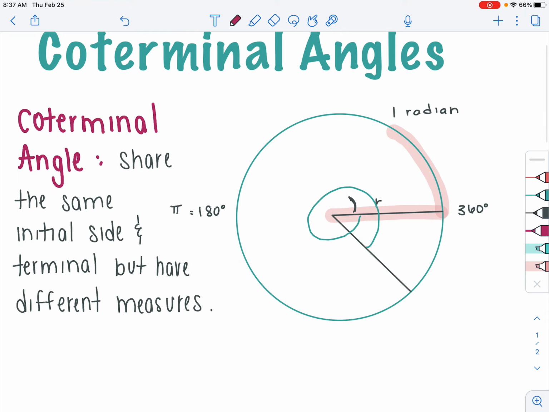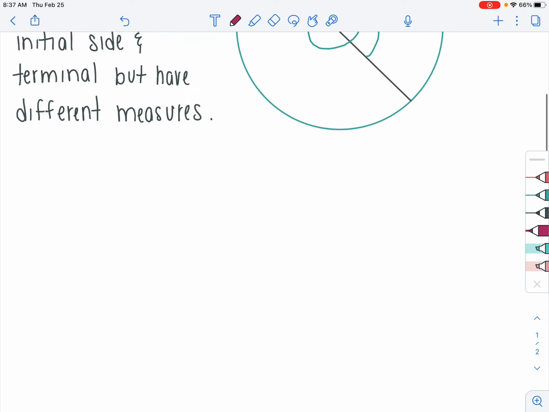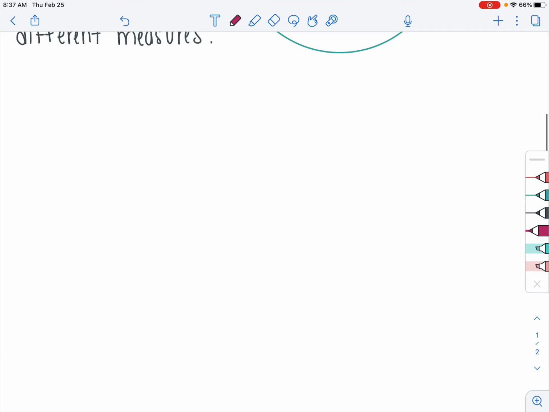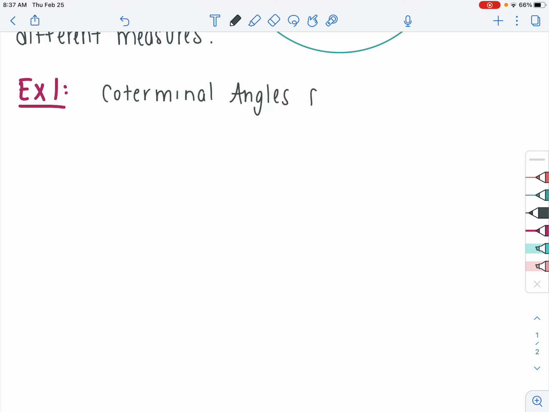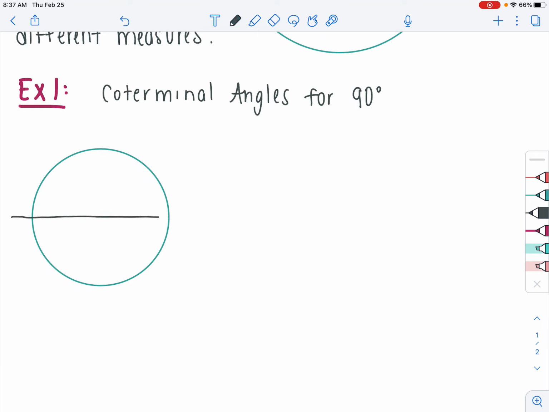So let's look at an example. Let's find coterminal angles for 90 degrees. First, I'm going to draw in my circle, then draw in my x and y axis.